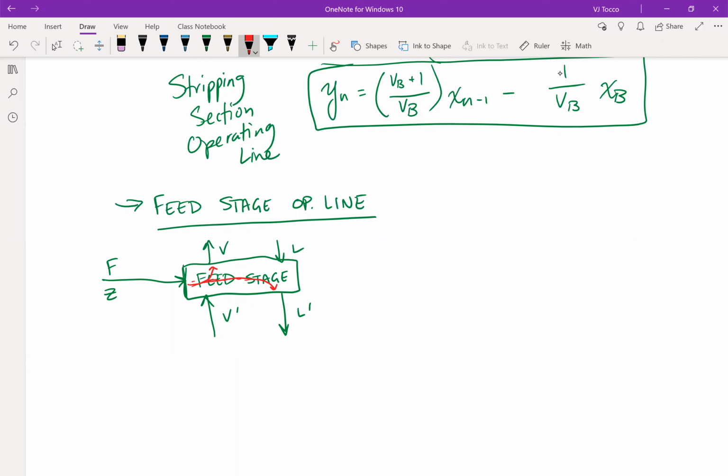So in order to start here, we need to define the lowercase letter q, and this is what I said before, that we're using q for multiple things. So define little q as the thermal state of the feed.